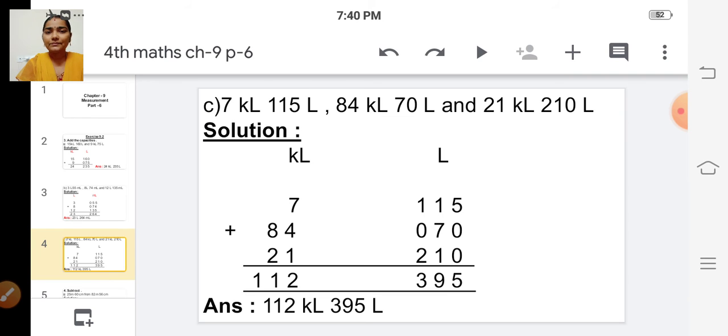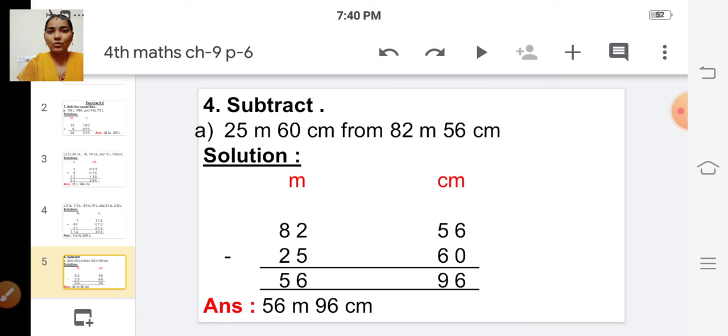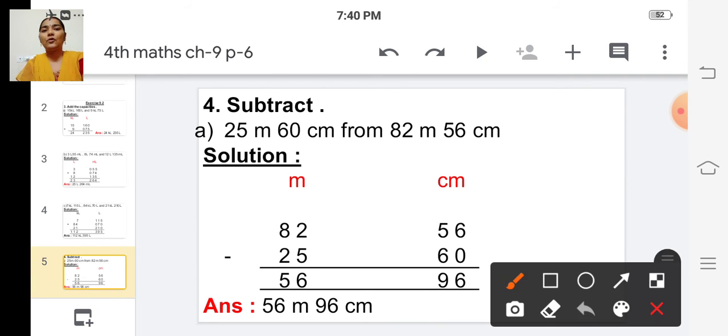Okay, children. So next one is subtraction. So till now we have learned how to add the capacities and the lengths and weights. Right? So now we are going to learn the subtraction. So first problem: 25 meter and 60 centimeter from 82 meter 56 centimeter.